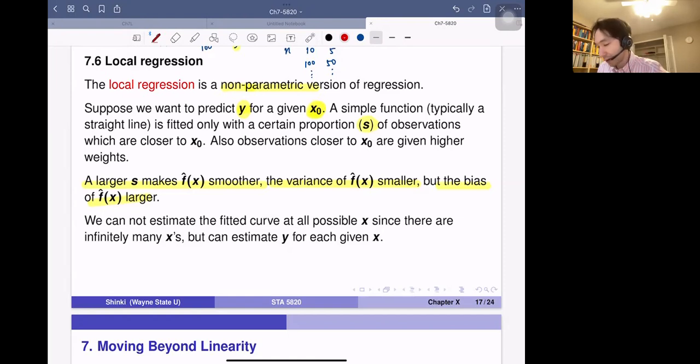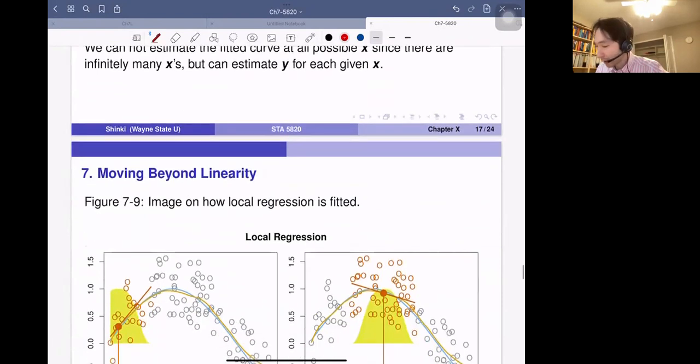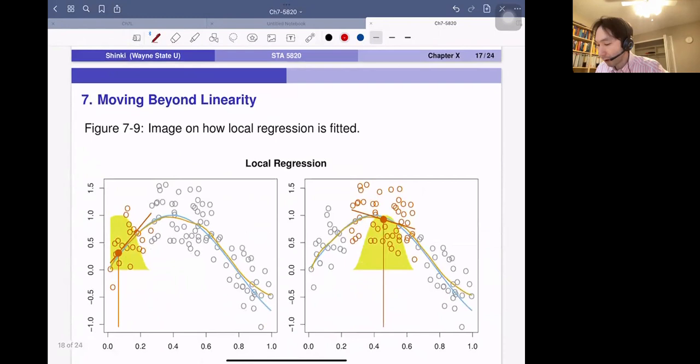So actually, we cannot estimate the fitted value at all possible x, because we have infinitely many x on the x-axis, but we can estimate y for some specific x, maybe with increments of 1, or increments of 0.1, or for all observed x values. So we have to compromise in some way, but at least for a finite number of x's, we can estimate y hat.